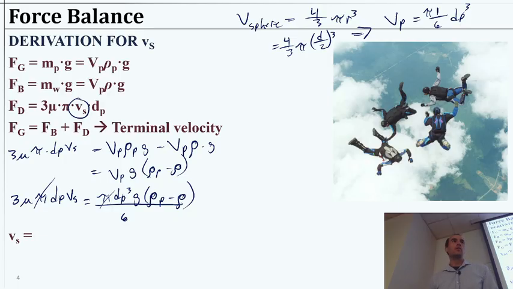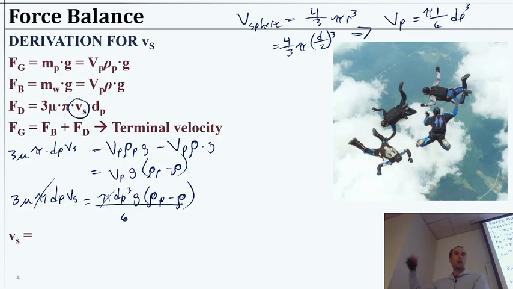Okay, then we can divide both sides by the diameter of the particle, and that'll change from a cube to a square. So at the end of the day, our velocity equation, which you'll have on your formula sheet, will look like this. The reason I'm deriving this is so you can get a good feel for where this is coming from.